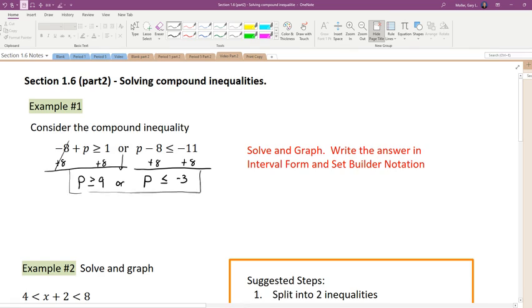Now what I want to do is put it on a number line and see what I see. So, number line, -3 put way over here, 9 we'll put over here. And let's put what we see. This is an "or," so I'm not looking for overlap. I'm just looking for any point that's mentioned.